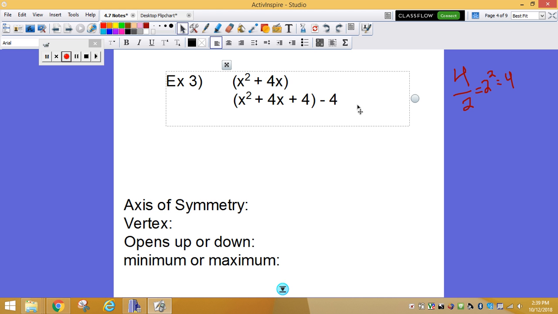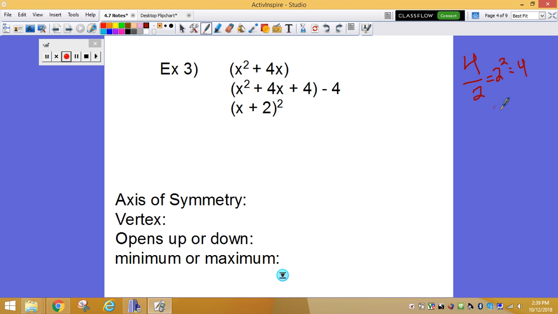So breaking this down, it's going to be an x plus the square root of 4 is 2. I'm going to put my squared up there. Another way you can get this number, if you're like, how is she figuring out what number goes here? It's whatever you get when you divide by 2. So here I got 2 when I divided.